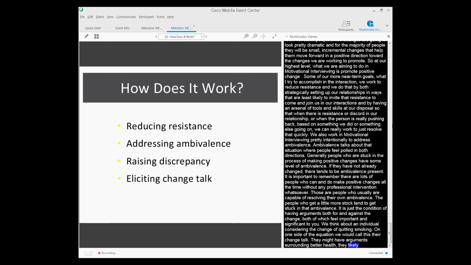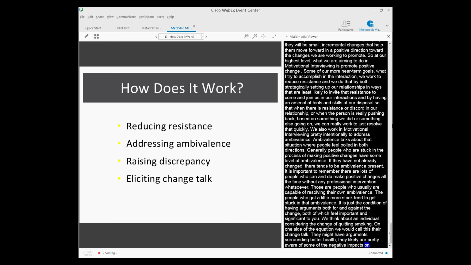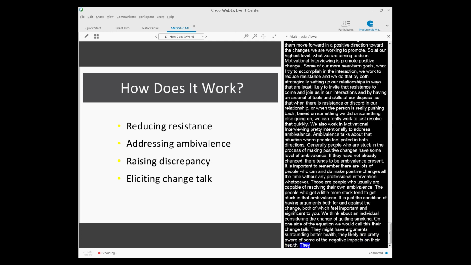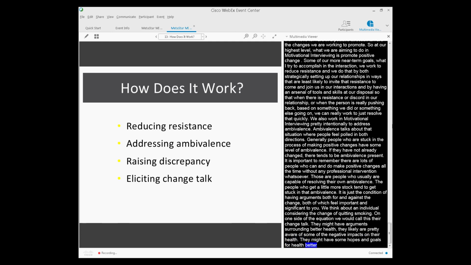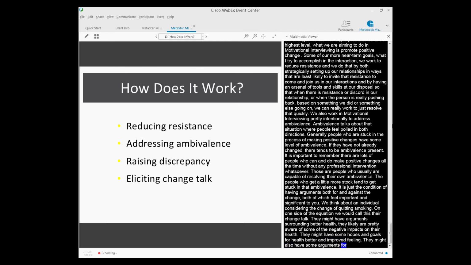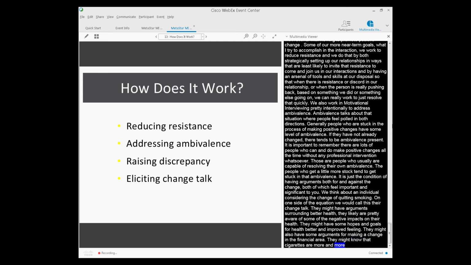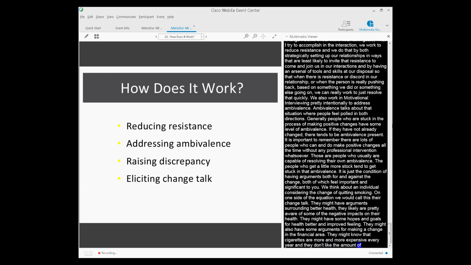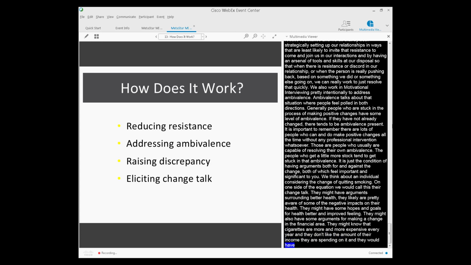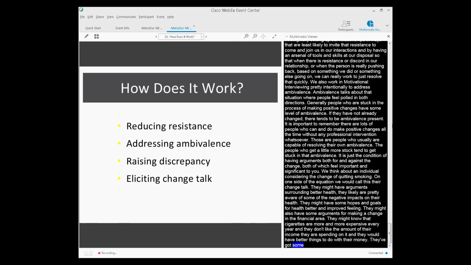They might have some hopes and goals for better health and feeling better. They might also have some arguments for making a change in the financial area. They might know that cigarettes are more and more expensive every year, and they don't like the amount of their income that they're spending on it. They certainly would have better things they'd like to be doing with their money. So they've got some things on the change talk side of the equation.